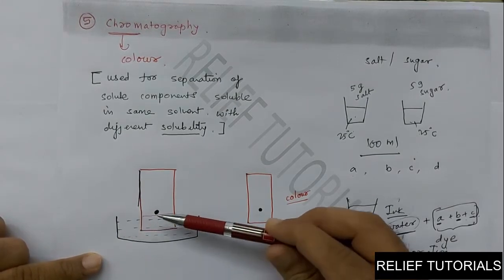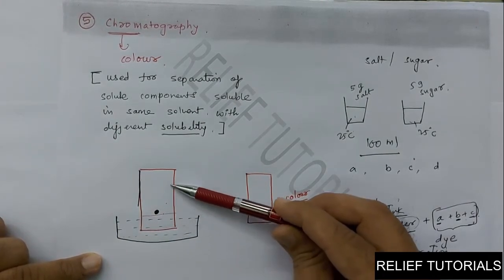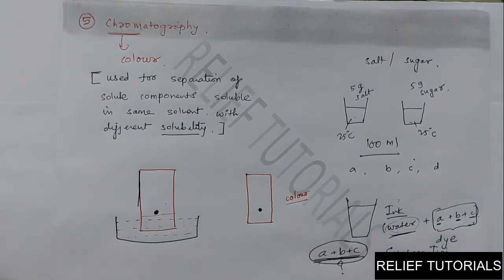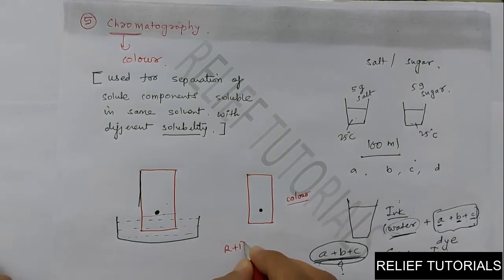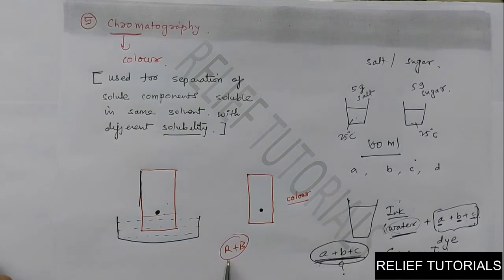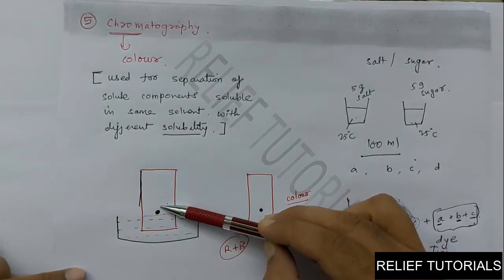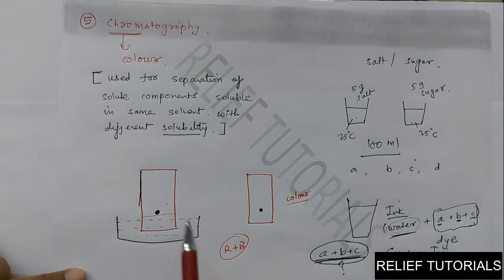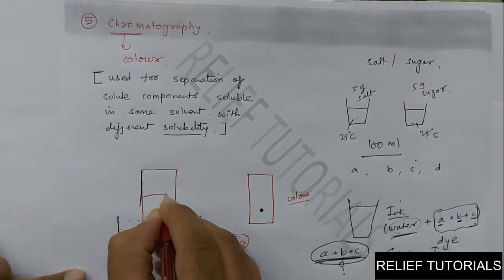When the water goes in the upward direction, the dye particles come in contact with it. Now we have two colored particles, red and black. Out of these two, the dye particles which are more soluble in water will move with the water towards the upward direction.